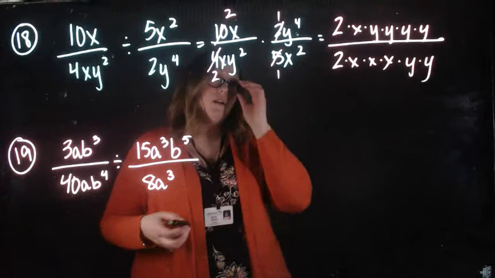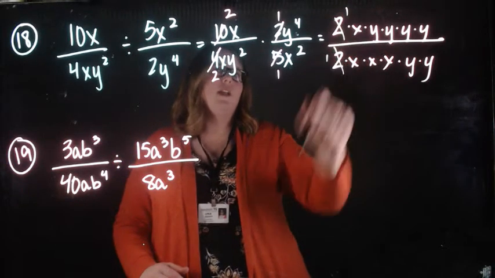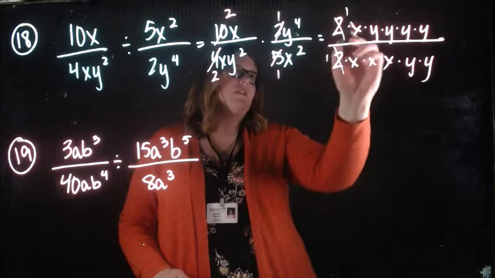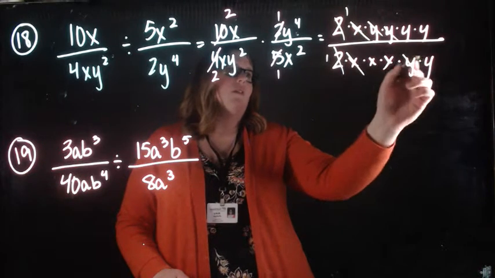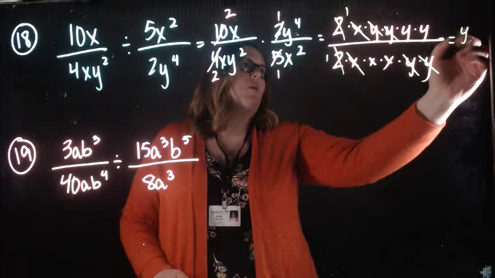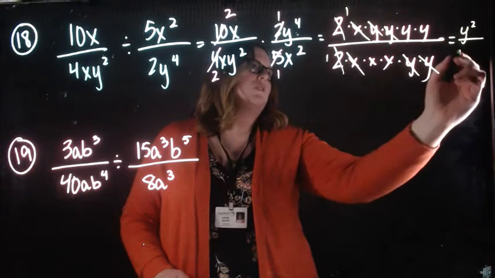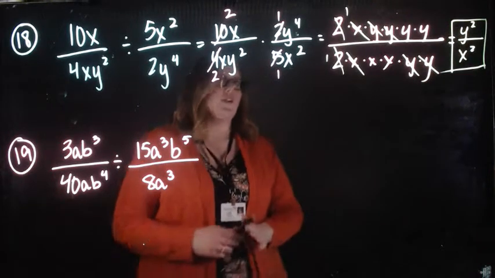Our 2 over 2 is really 1, right? Anything over itself is 1. So really I could just cancel those. I can cancel an x for an x, and the y's. I'm left with y times y, or y squared, all over x times x, which is the same as x squared. So y squared over x squared.